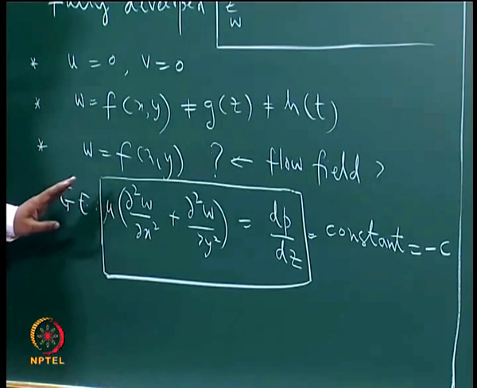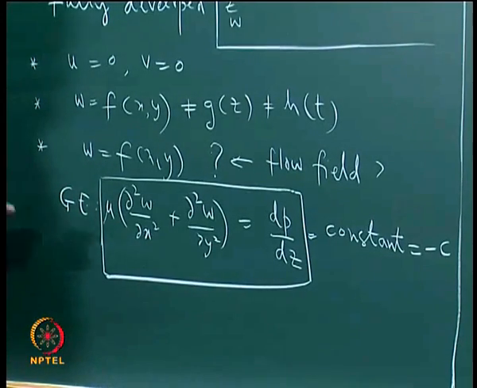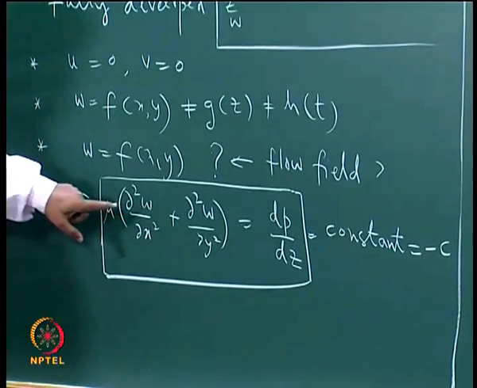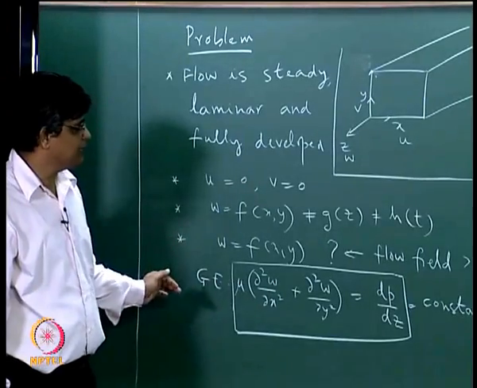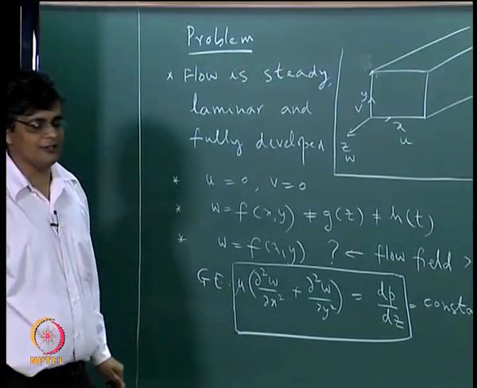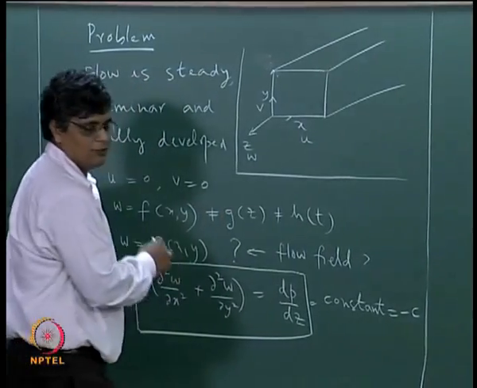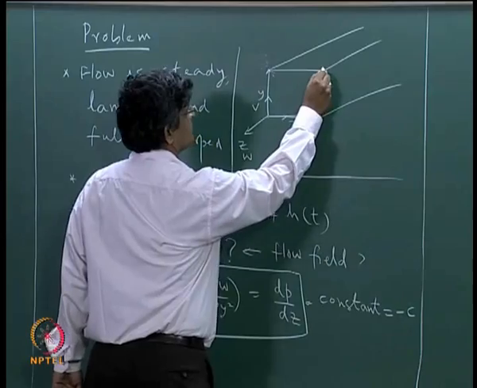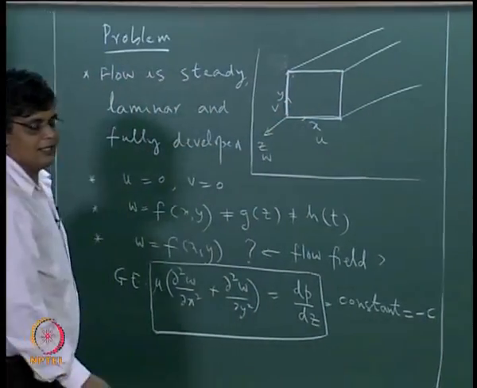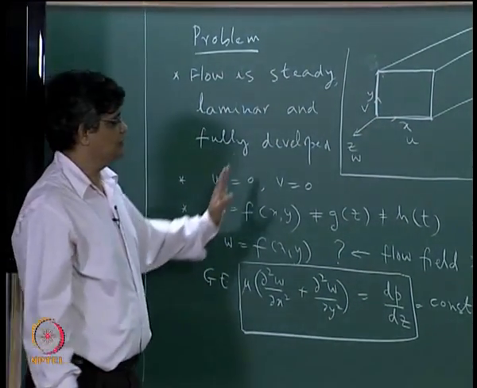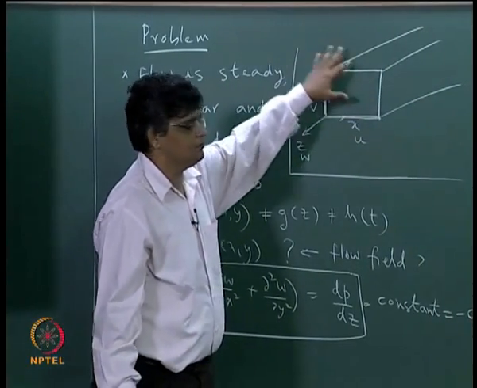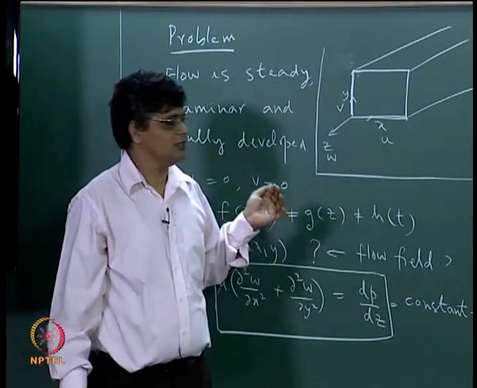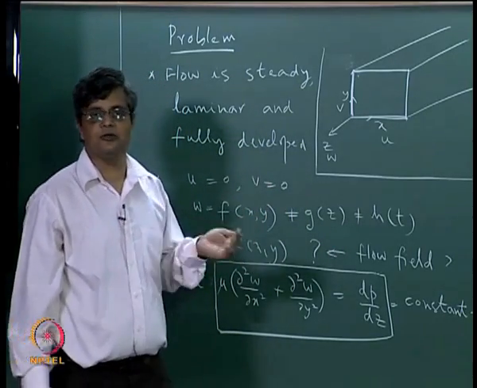So what will be the boundary conditions for this? We need to look at the variable that we are solving for. The variable that we are looking at is the W component. So we need to know what is the value of W on the boundaries. The flow domain of interest is this domain, and we know that for fluid flow which is bounded by these walls, the most obvious, most applicable boundary condition is the no slip condition.